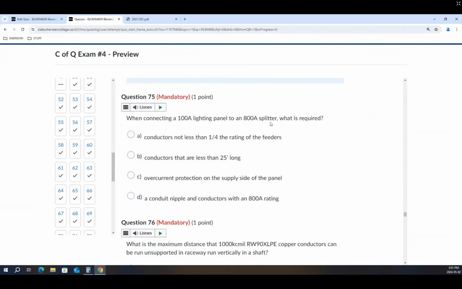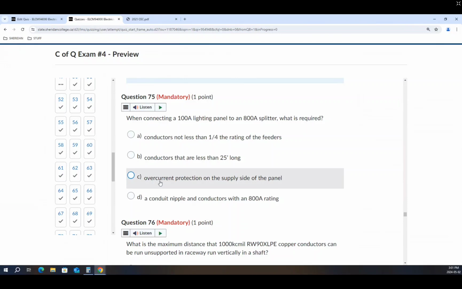When connecting a 100 amp lighting panel to an 800 amp splitter, what is required? Lighting panel, what is required? Conductors, overcurrent protection. Okay. Overcurrent.